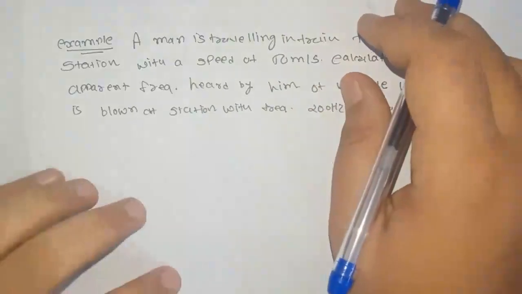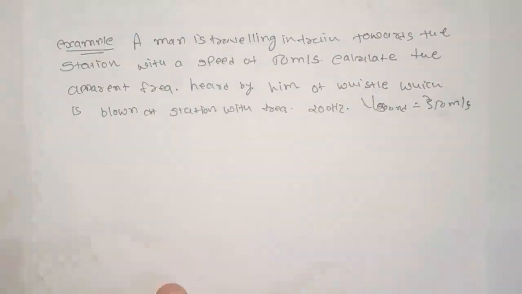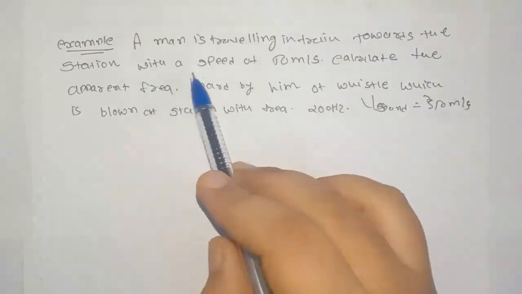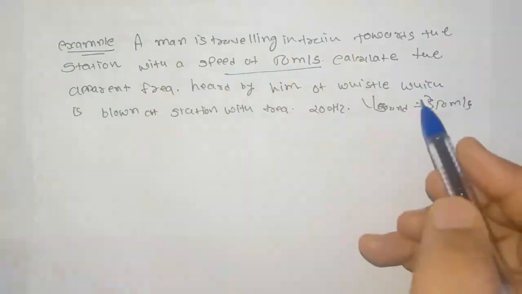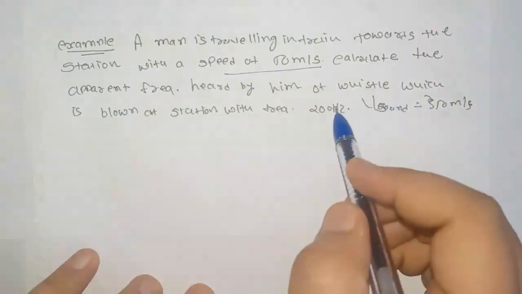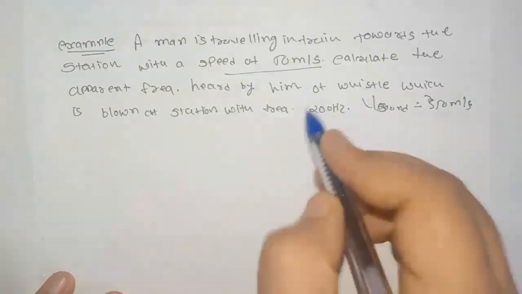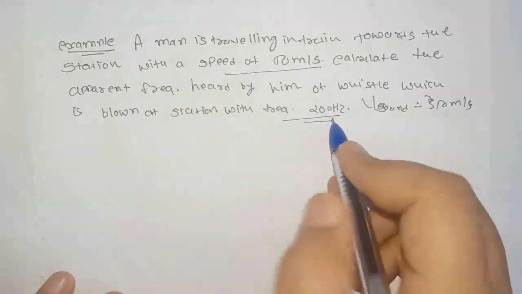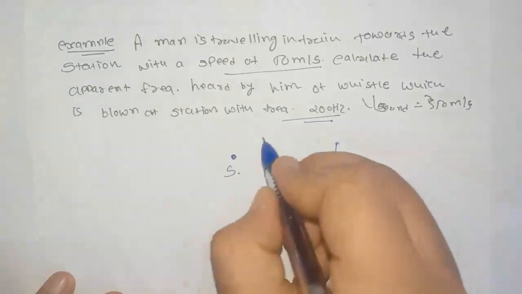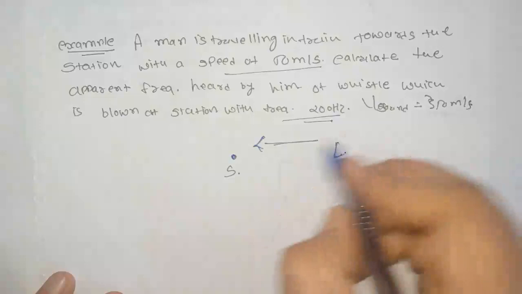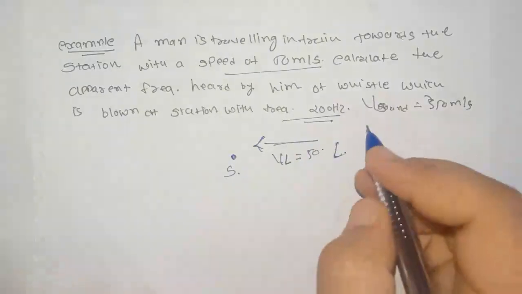In next example, a man is traveling in a train towards the station with speed of 50 meter per second. Calculate the apparent frequency heard by him of whistle which is blown at station with frequency 200 Hz. Here the source is stationary and listener is moving towards the source. So the VL will be taken positive, that is 50 meter per second.